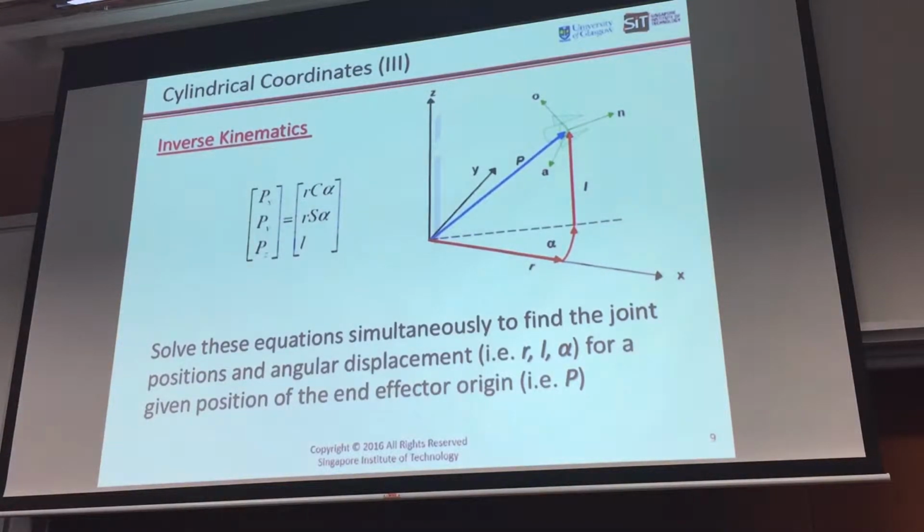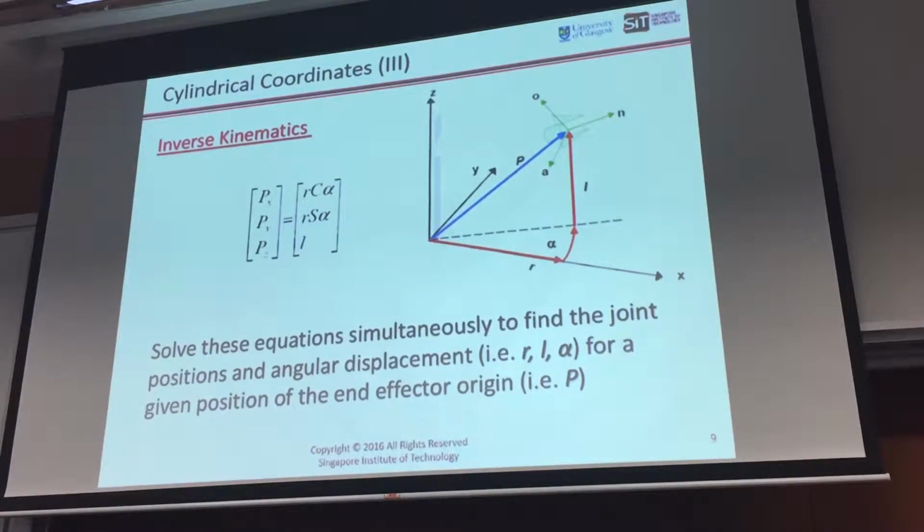So it's not just one answer. You need to look at your coefficients, whether Px and Py are positive or negative. So your tangent alpha will give you two answers for alpha.